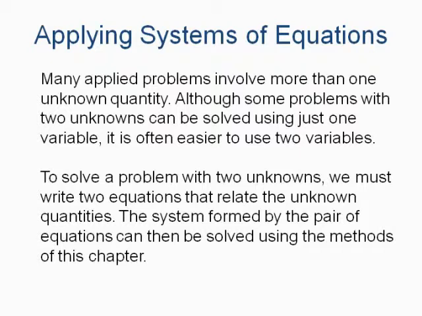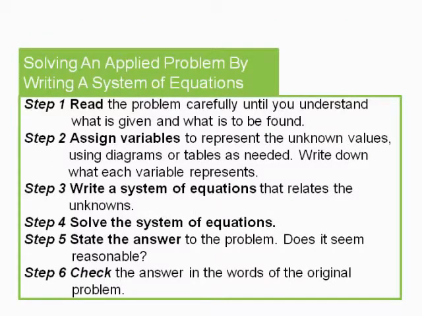The system formed by the pair of equations can then be solved using the methods of this chapter we've been talking about. So here are the steps for solving word problems involving systems of equations. One, as always, read the problem carefully until you understand what is given and what is to be found.